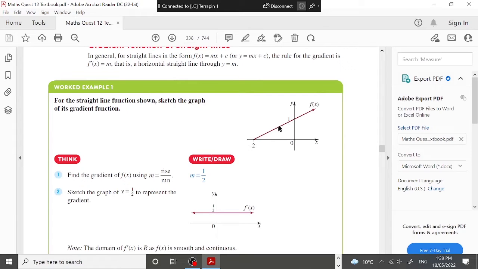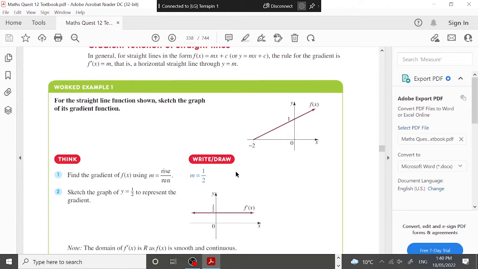Being a straight line, it's a constant gradient, and we would represent a constant gradient by a horizontal line, meaning it's the same all the time. We see our rise is 1 and our run is 2, so it has a gradient of 1/2.